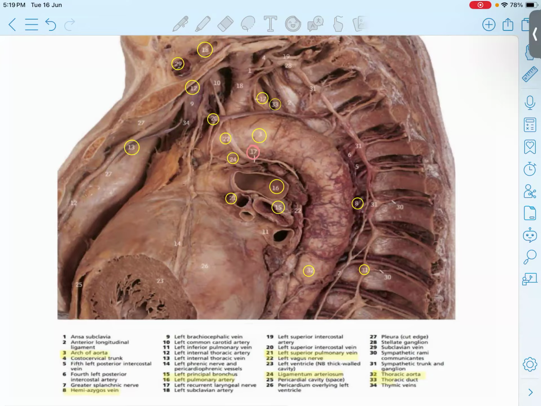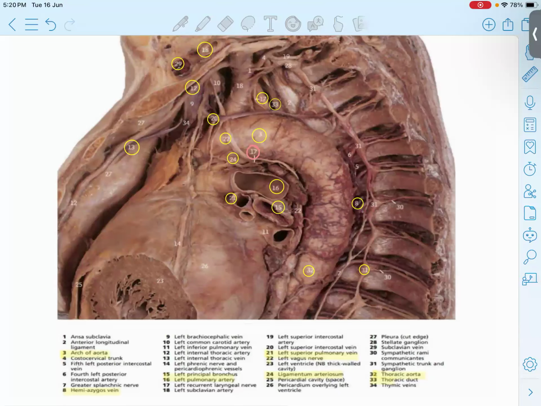Which side? Left-sided. All here is left-sided. So you must mention the side. Don't miss it. Now come to these two structures. 29 here is subclavian vein, and this is subclavian artery. Okay, come to this. It is important. What is 31? 31 is sympathetic trunk and ganglia.